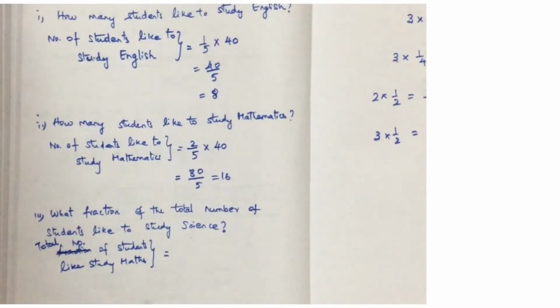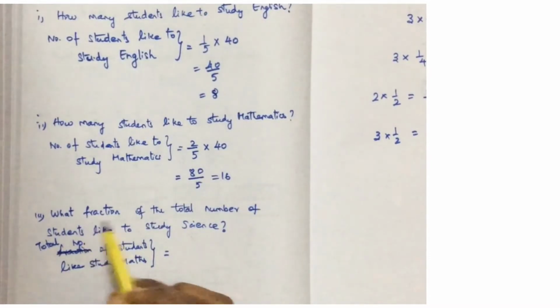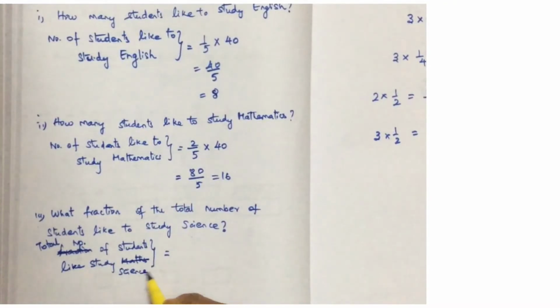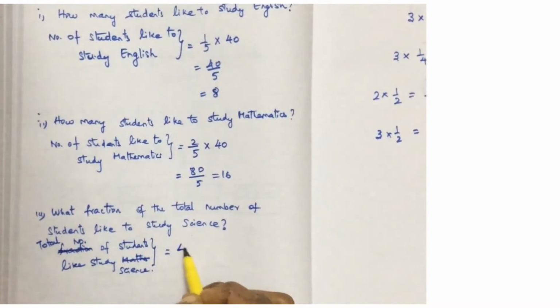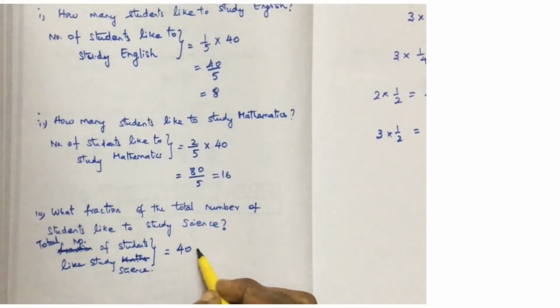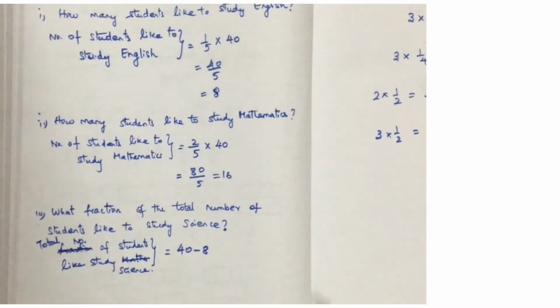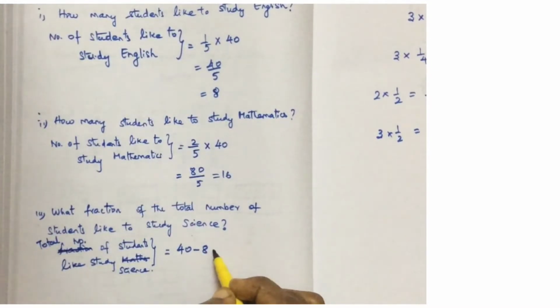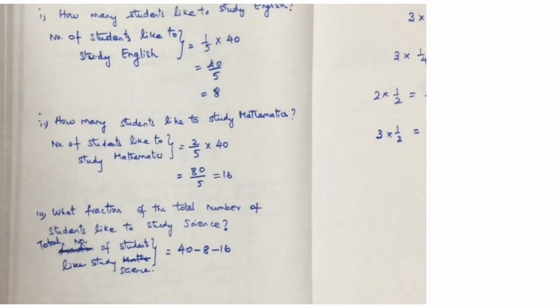First let me calculate the total number of students who like to study science. The total number of students and the fraction of students are both different. Already the total strength is 40. In that, some students want to study English, that is 8, that we have to subtract, and some students are studying mathematics, 16, that we have to subtract.